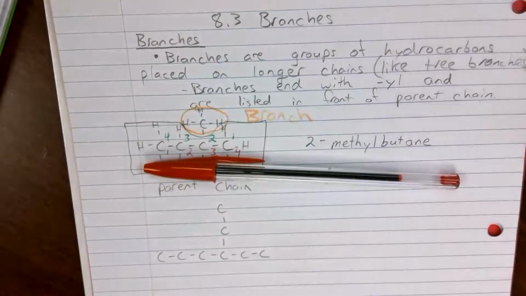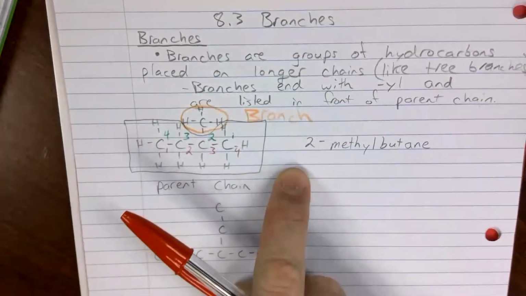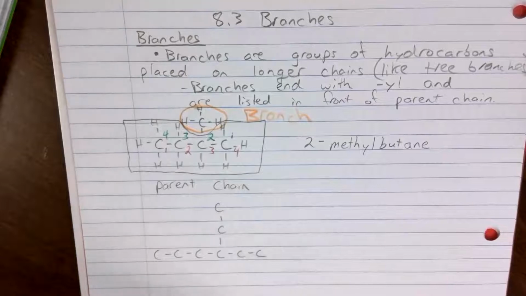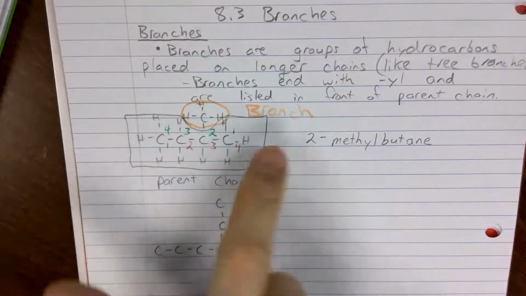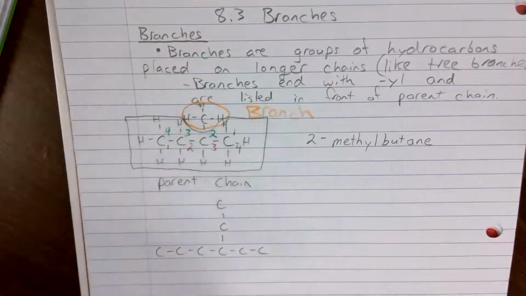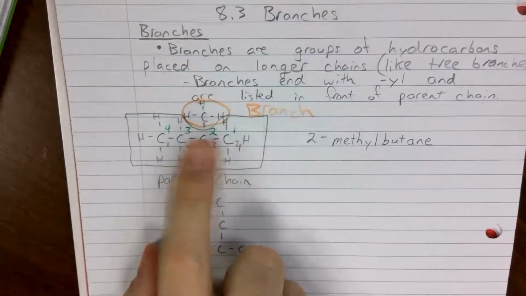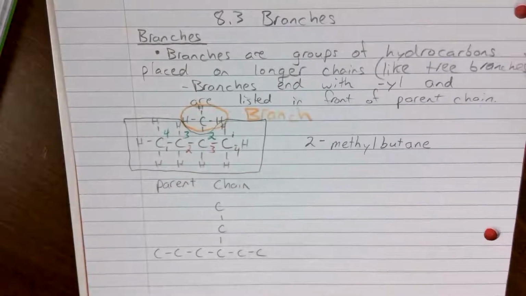And so that's kind of the idea with organic chemistry, it doesn't matter if it goes left to right or right to left. So when we number it, I always just like to go ahead and get it out of the way at the beginning, number it in both directions. And then whenever you find your branch in this case, or if you had a double bond or a functional group, you always got to make sure you have the lowest possible numbering scheme.